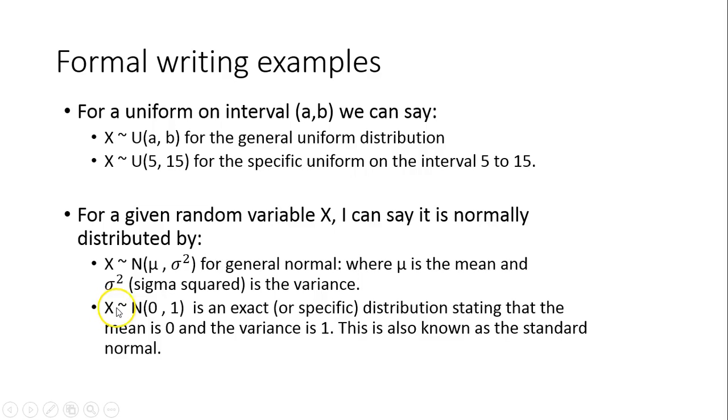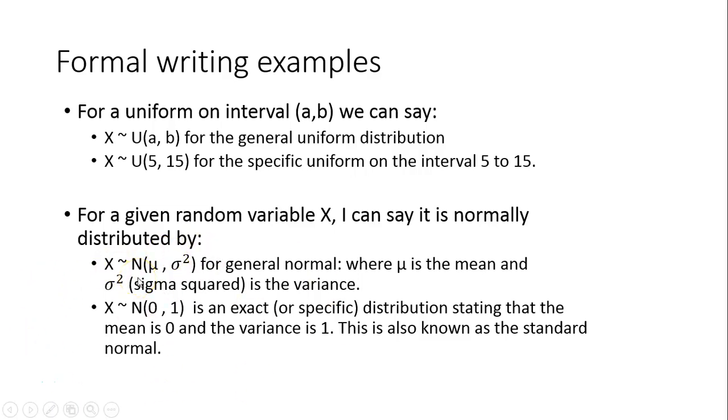A very special one is a normal 0, 1. It's called a standard normal, with a mean of 0, variance of 1, and a standard deviation of 1 as well. It is an exact distribution stating that the mean is 0 and variance is 1. This is known as the standard normal. Why is this distribution important? Because generally, you don't know probabilities for normal distributions.